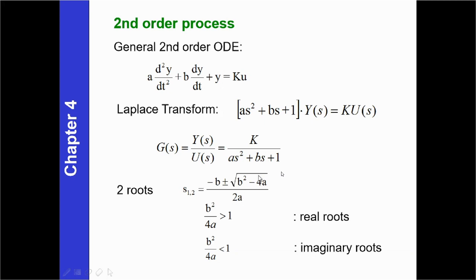This equation is what you use to find the roots, real and imaginary. If b squared over 4a is bigger than 1, we have real roots, and if b squared over 4a is less than 1, it is considered as imaginary roots.